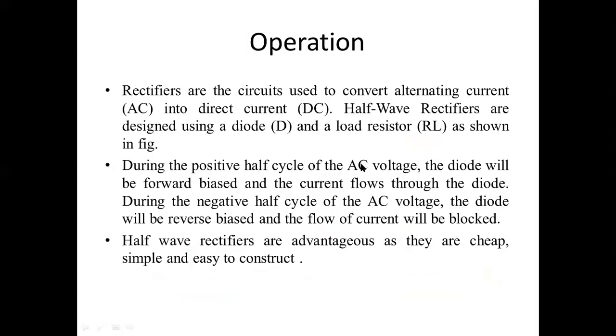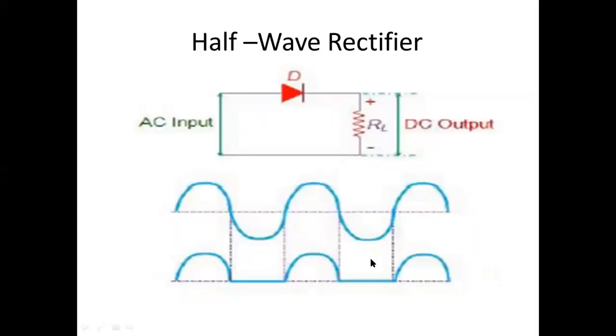I will draw here now. So this is the AC input, we can call that one. Here 0 is there, and this is the DC, we can call that one.